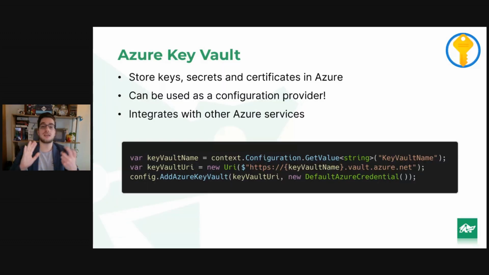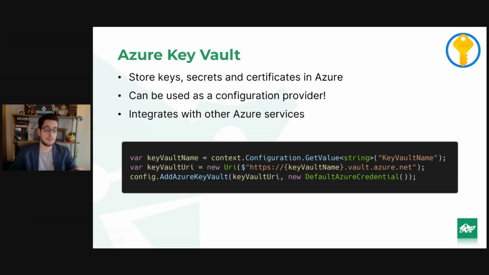The Azure Key Vault is an Azure service that is simply a secure way to store secrets, keys or certificates. Amazon has their own secret manager, Google has their own, and you can even self-host this kind of stuff with HashiCorp Vault. The cool thing is that this can be used as a configuration provider in .NET.